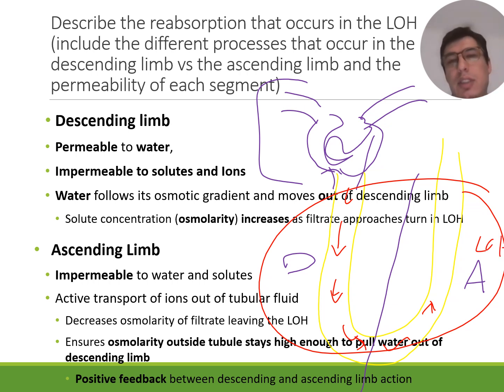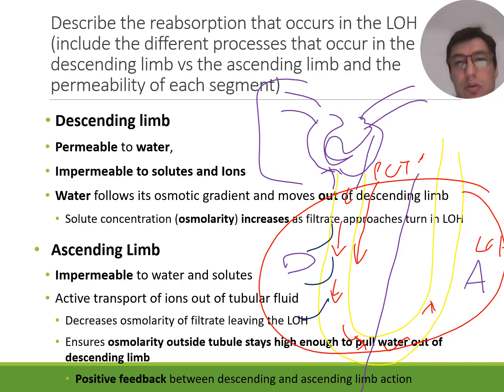There are different nutrients that are absorbed or excreted within the limbs. We absorbed a lot of those organic molecules already in the proximal convoluted tubule: the sugar, the amino acids, and the fatty acids. And there was water absorption here, but it was passive. As we head into the descending limb of the loop of Henle, you can see that there is going to be an outflow of water.